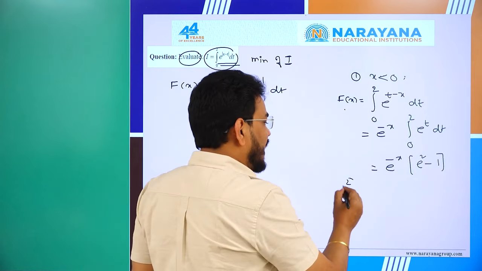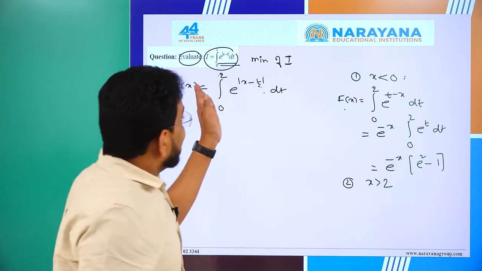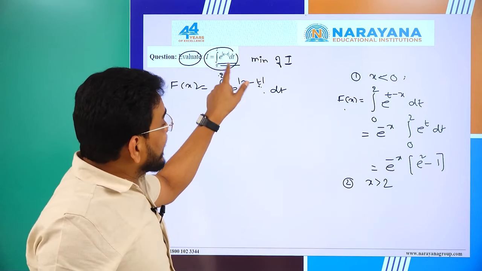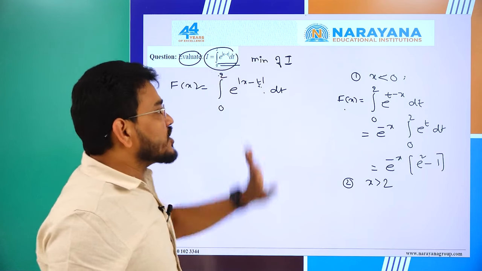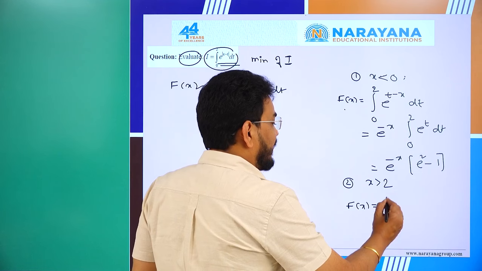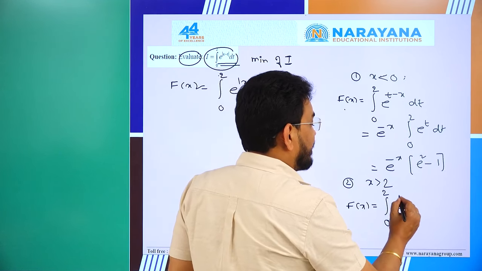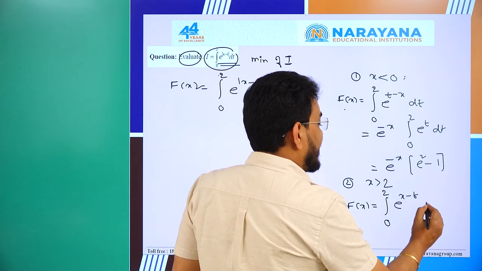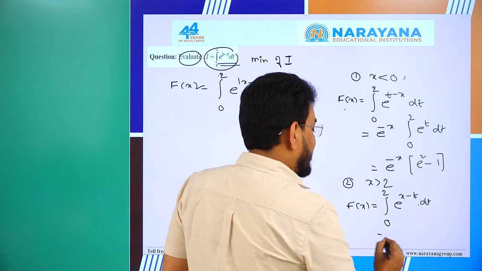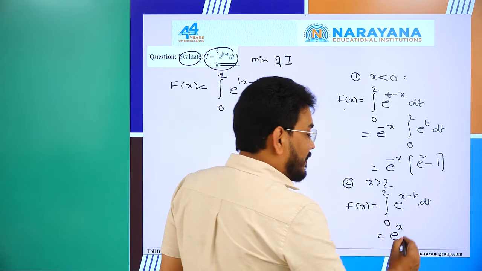Next case what I'll do is x is greater than 2. So x greater than 2 means x minus t is always positive. In that case f of x is equal to integral 0 to 2 e power x minus t dt, which is equal to e power x outside, integral of e power minus t.